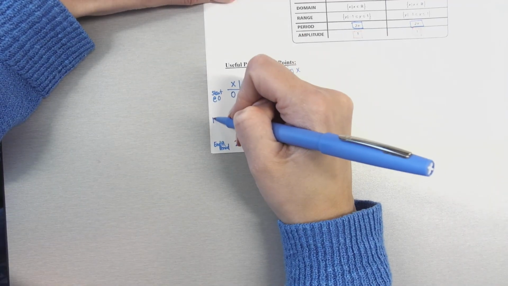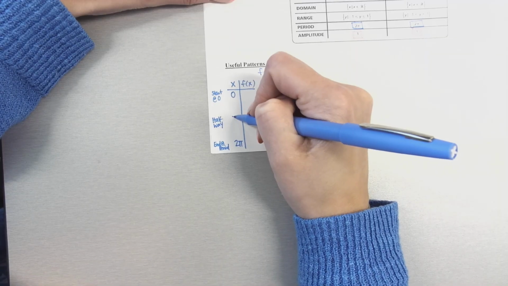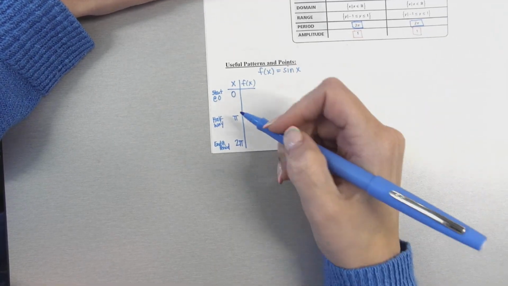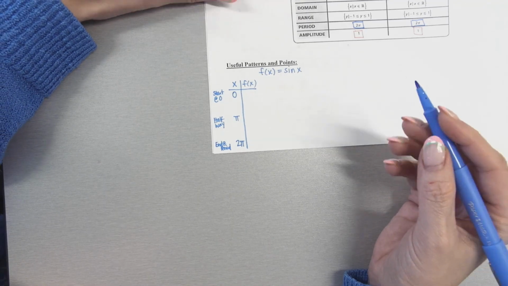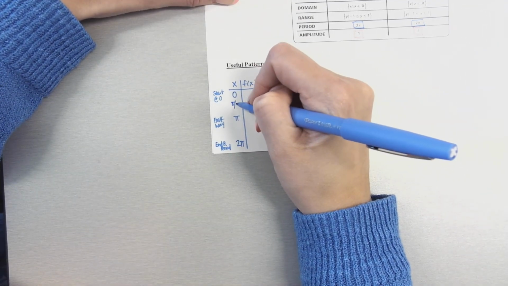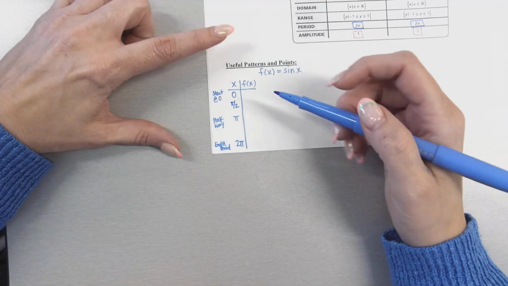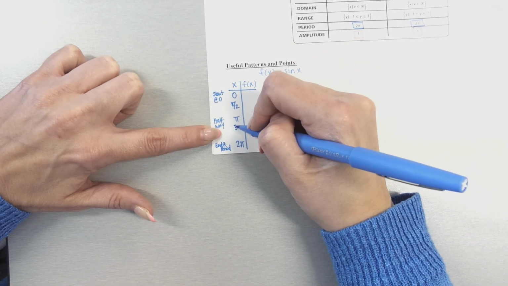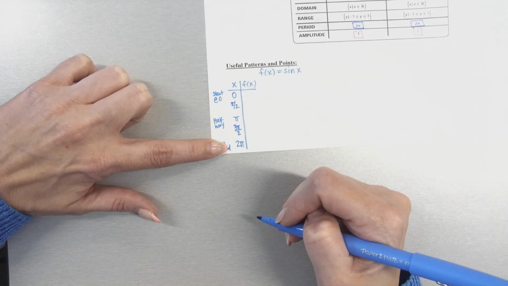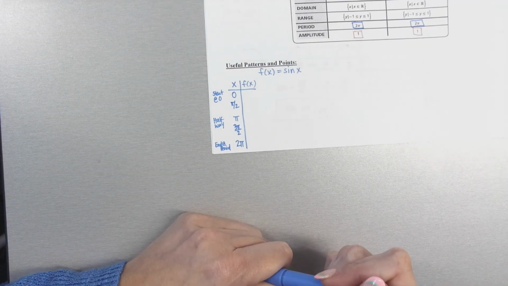So halfway between 0 and 2 pi is pi. And then you're just finding halfway between these two. So halfway between 0 and pi is half of it, so pi over 2. And really that's what you're counting by, is pi over 2. So we're going 1 pi over 2, 2 pi over 2. The next blank would be 3 pi over 2, and then 4 pi over 2 reduces to 2 pi.